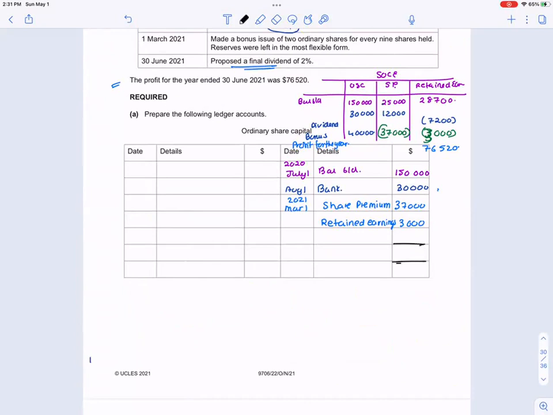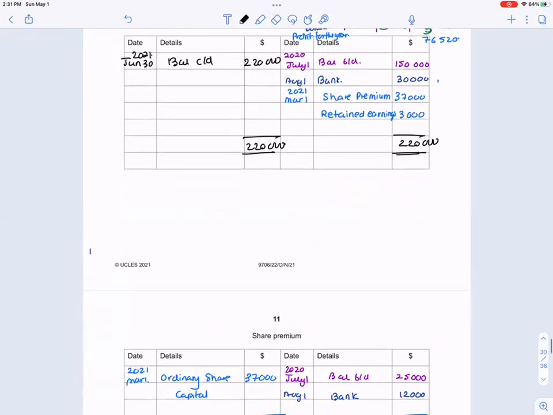Please do it. Don't forget to bring down the balance. You get marks for bringing down the balance.